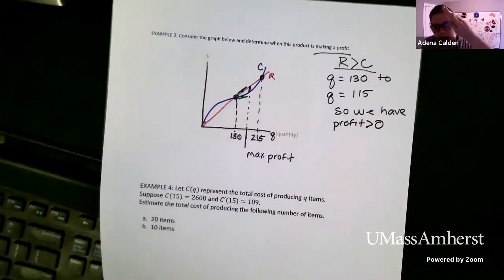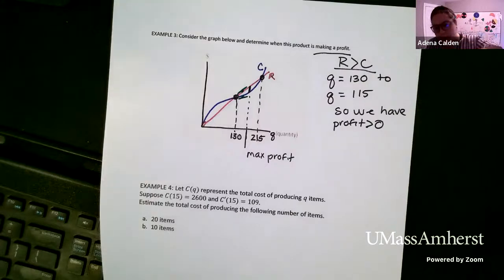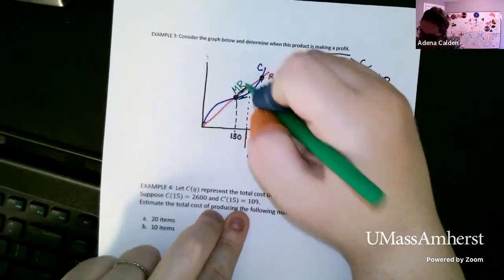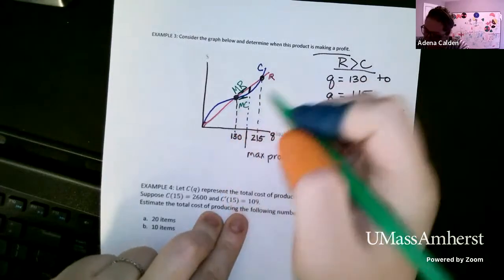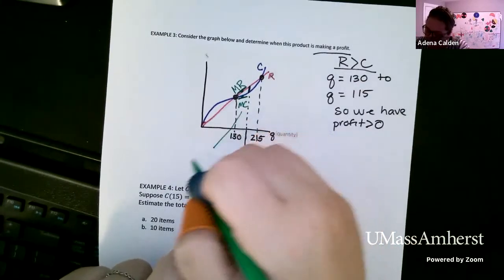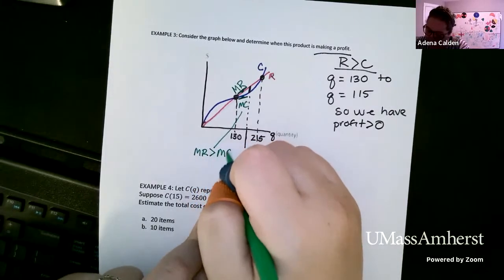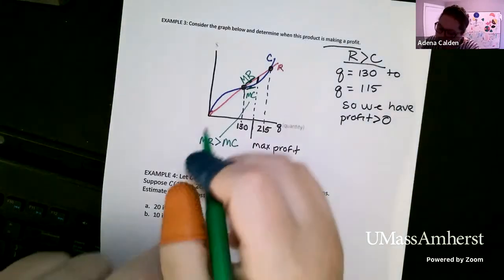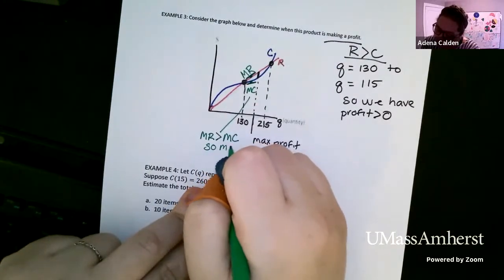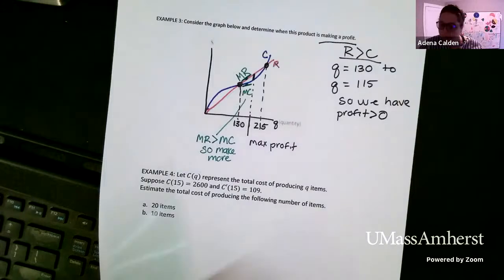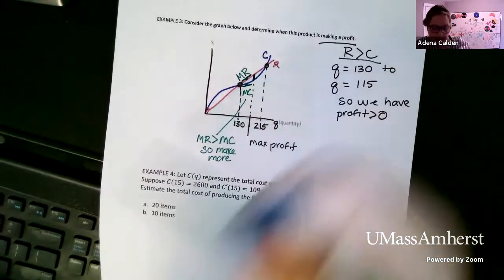The slope of the revenue line is steeper than the slope of the cost line. So marginal revenue, marginal cost, and in this area, marginal revenue is greater than marginal cost. So make more. We want to make and sell more because we want to get to this particular line.